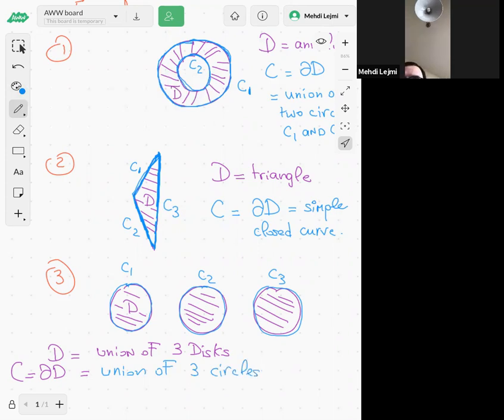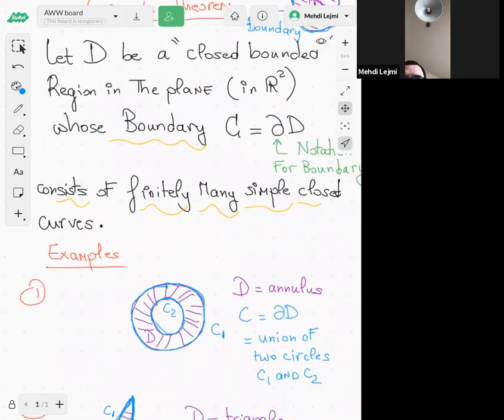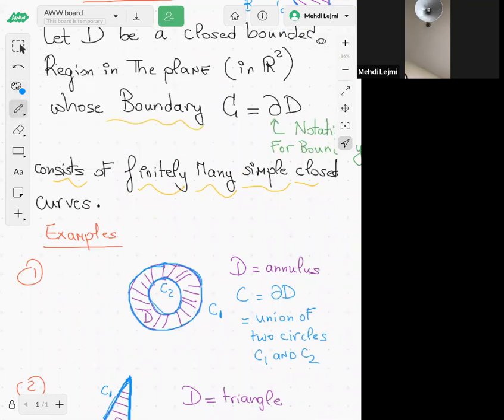So anyway, in the statement of the theorem, we need C, the boundary of D, to be a finite number of simple closed curves. Finitely many means C is just a finite number of simple closed curves. What do I mean by a finite number?